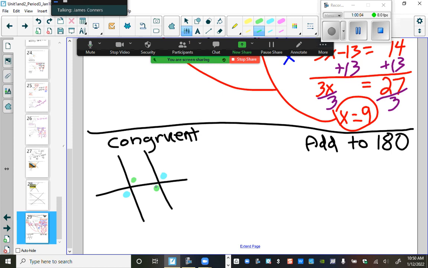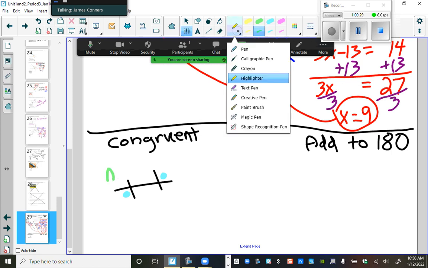Well, actually, let me do that on a different diagram. So congruent, alternate exterior angles are going to be congruent.